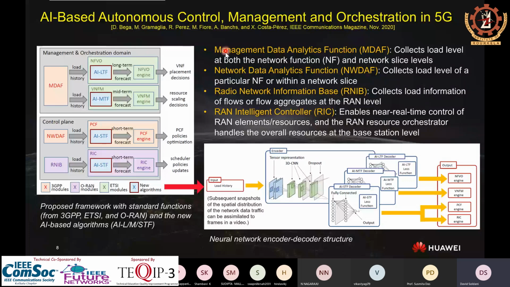So this collected data is then passed to the AI long-term forecast function, basically a network like here, and those predictions are then injected into the network function virtualization orchestrator engine, which I've shown you earlier, coming from ETSI, and therefore an optimal or improved placement of a particular network function can be achieved.